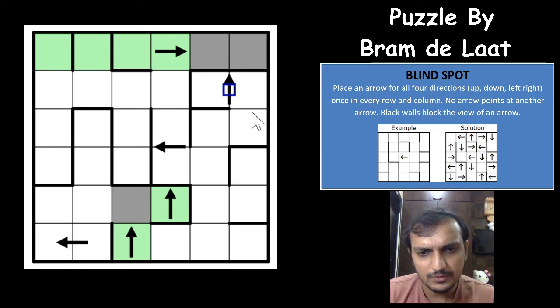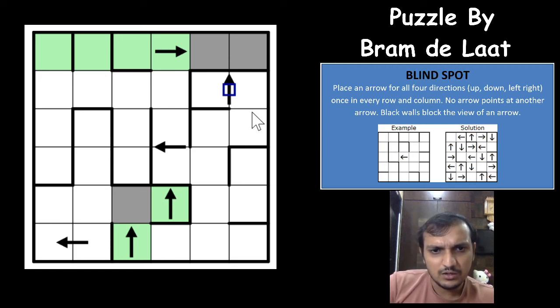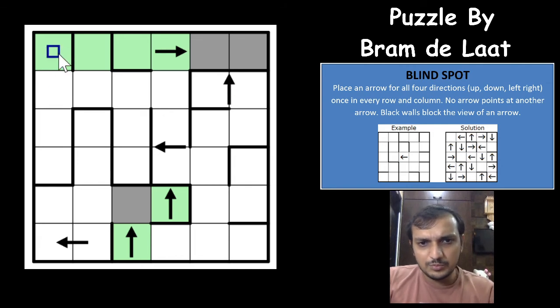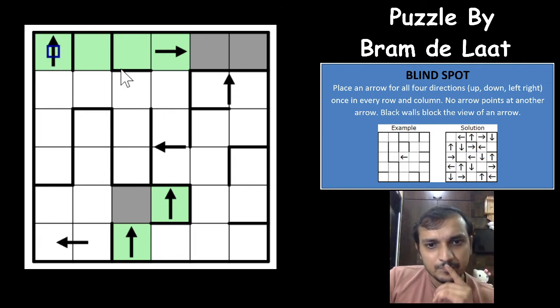Okay, and which means that you can have the upper arrow here. Okay, which means that this column cannot have upper arrow in these two cells, cannot have in any of these three cells, because that will point another arrow here. So this will have to be an upper arrow. That's nice.